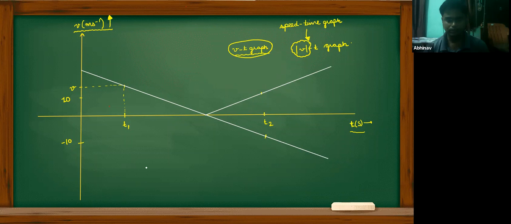Let's still learn a little bit about mod. So what is mod? Mod of f(x) is equal to f(x) if f(x) is greater than or equal to 0, and is minus f(x) if f(x) is less than 0.